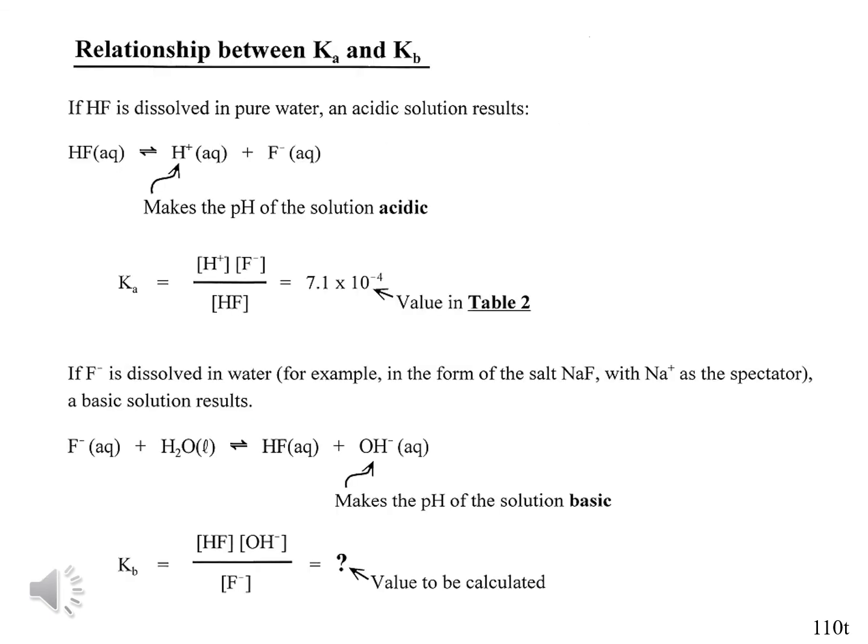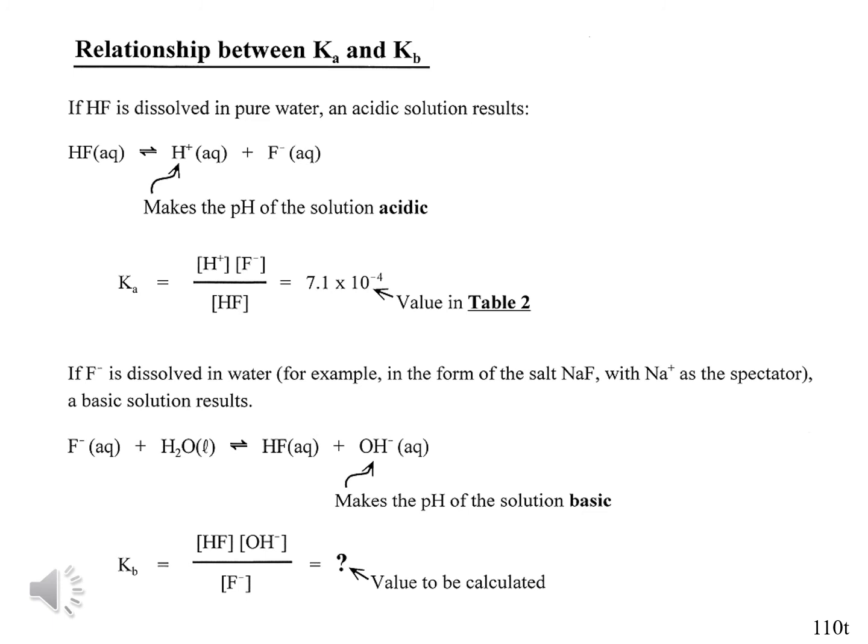At the top of this page, I showed the dissociation equation for HF. And that equation has a Ka associated with it. We know what the Ka value is from table 2. You can look it up.